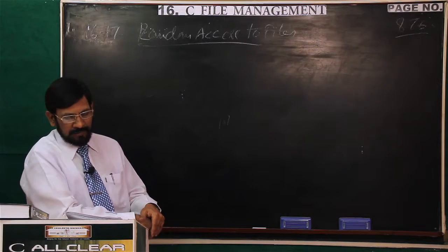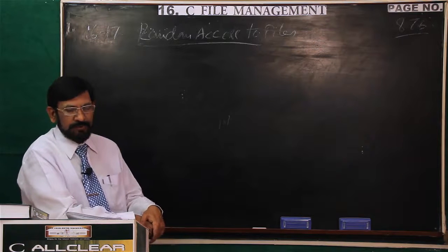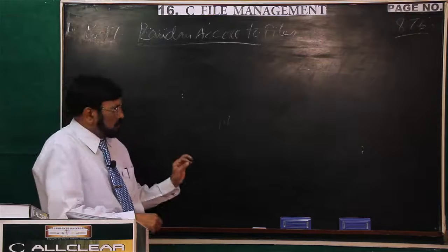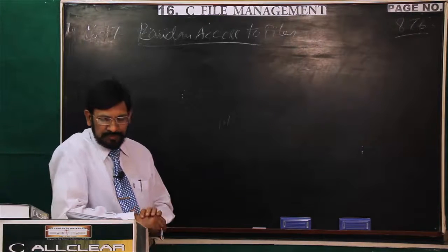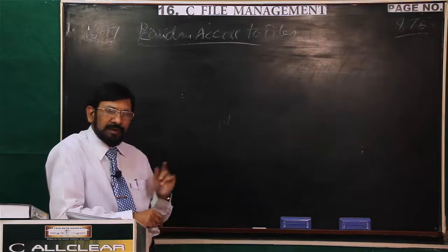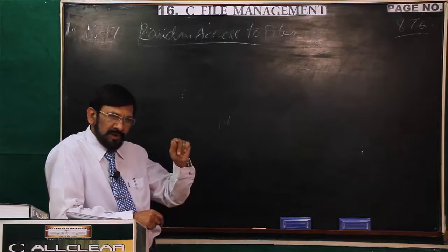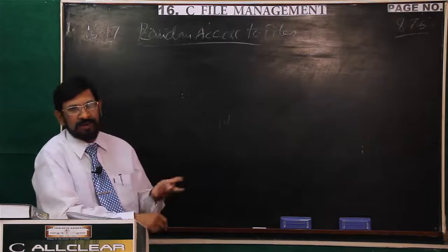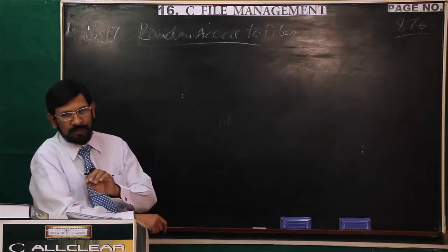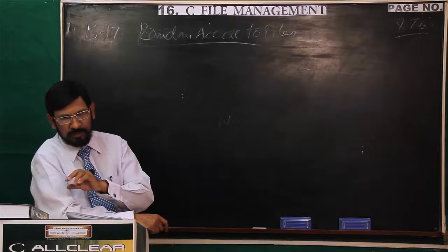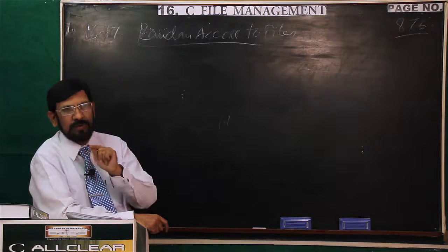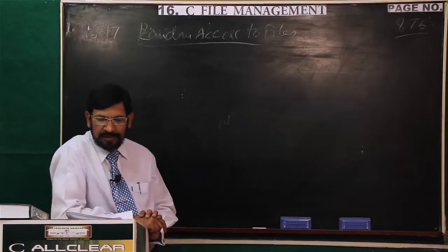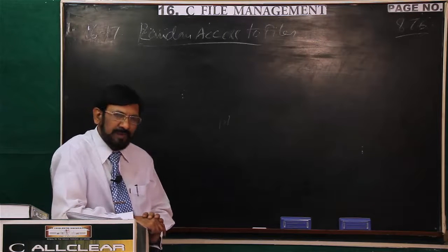For this purpose, three functions are provided. fseek, it moves you to the desired position, and ftell, it tells where exactly you are in the file, and rewind, already used. Wherever you are, whatever position you are in, you can move to the first position. These are three main functions, and practically we can see that.